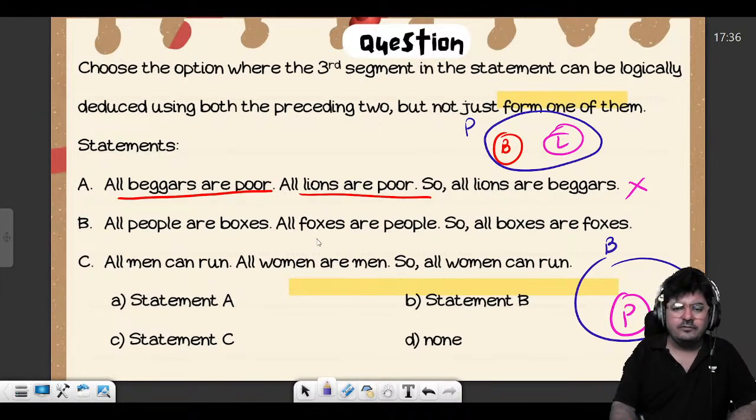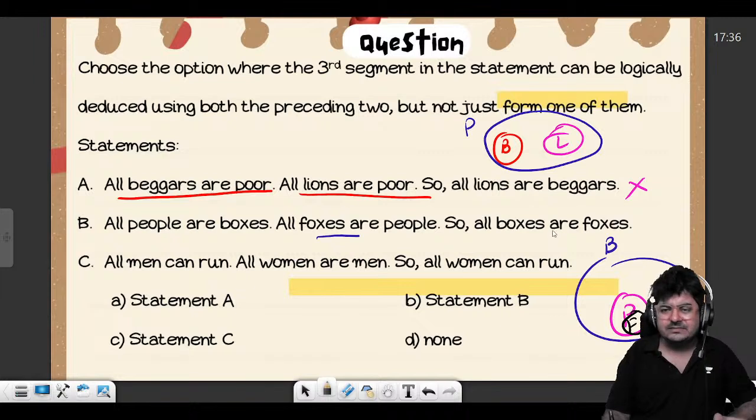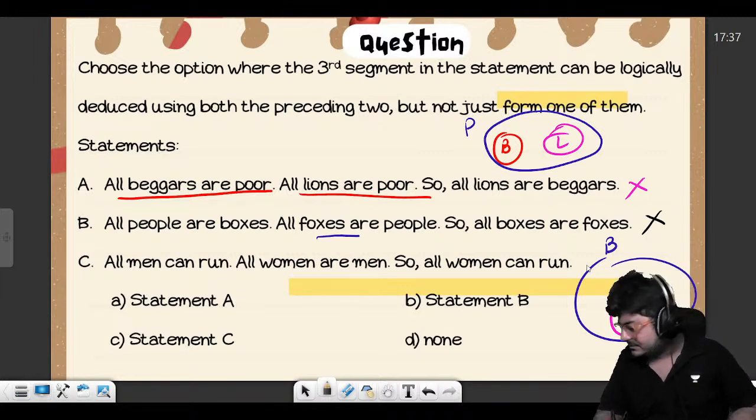All foxes are people. So all boxes are foxes? No. All foxes will be boxes, but all boxes will not be foxes. So that is false.